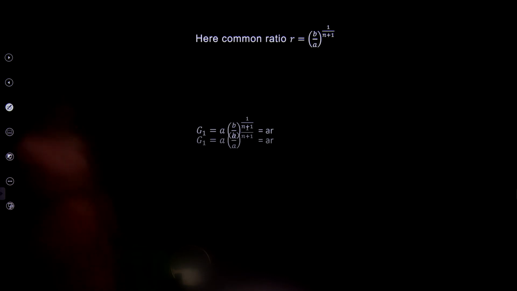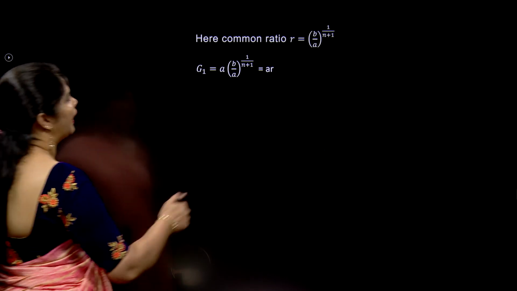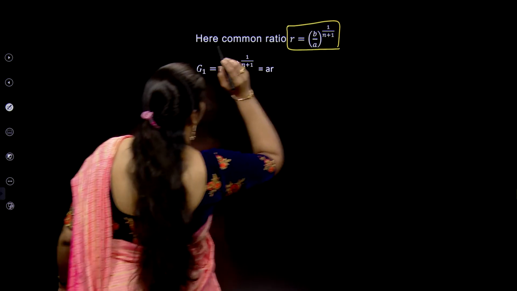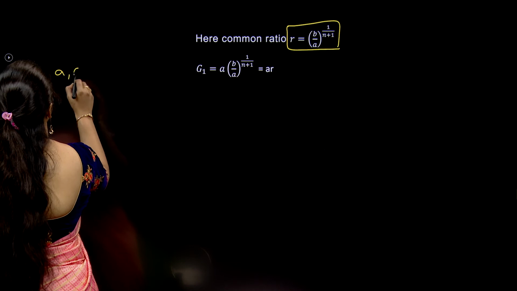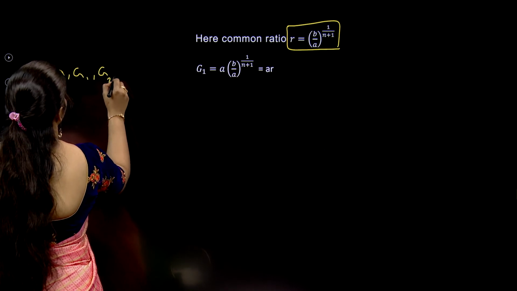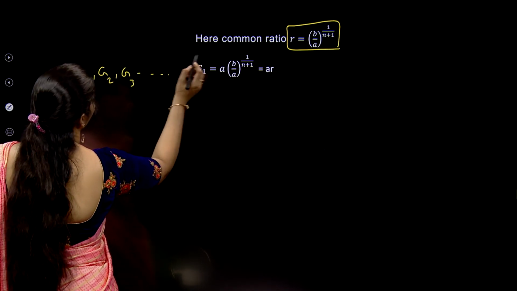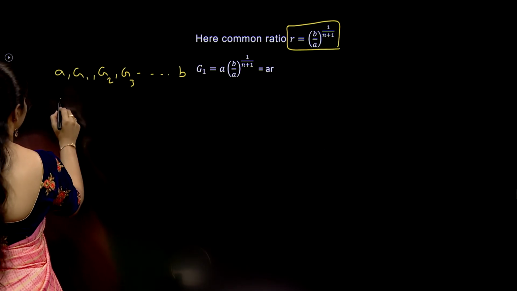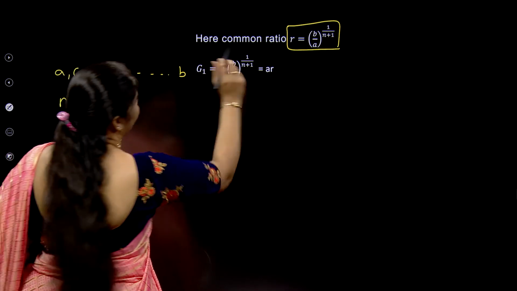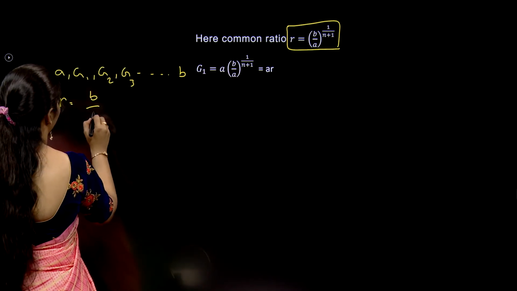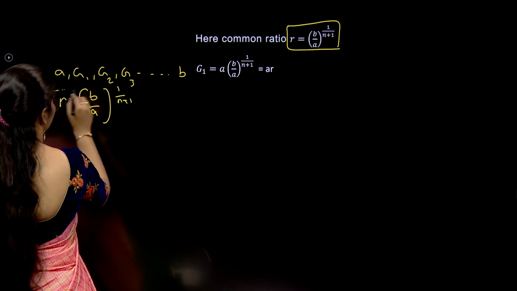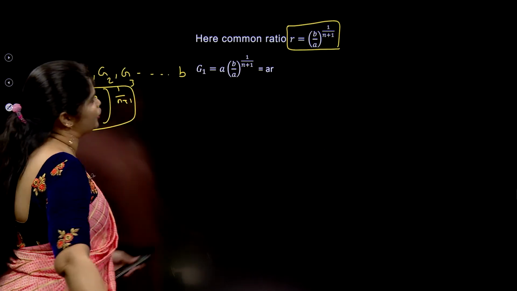Then the common ratio of this, R, equals (B by A) power 1 by n plus 1. This is the formula for the common ratio.